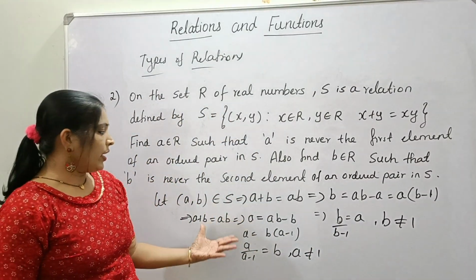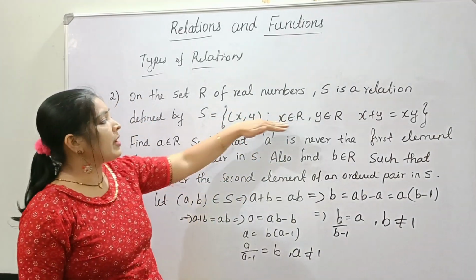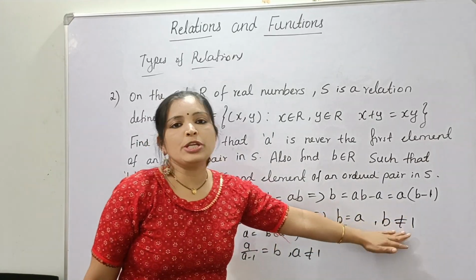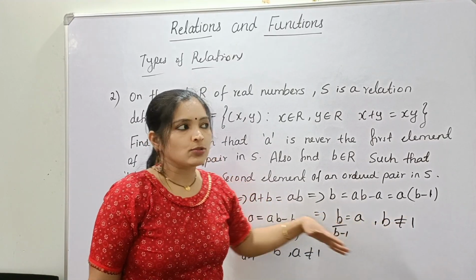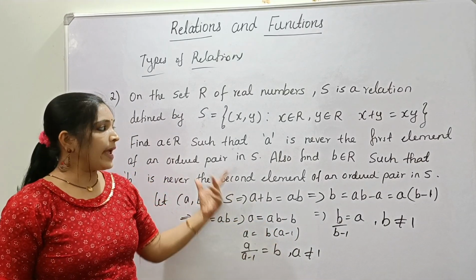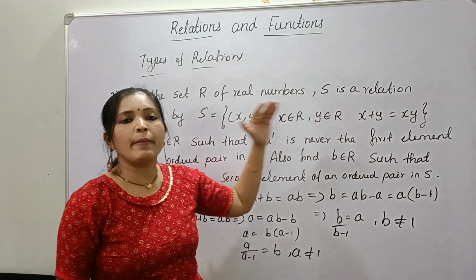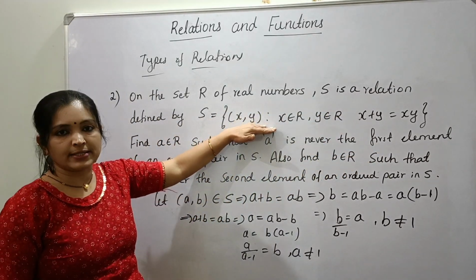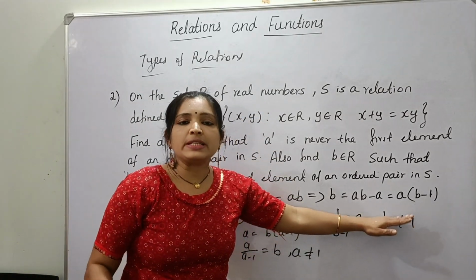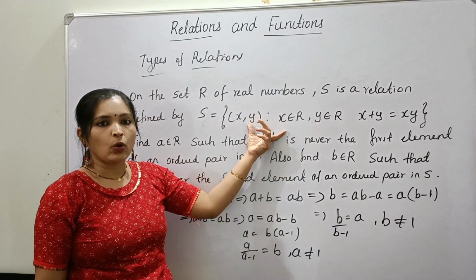Okay. So if it is an element from S, A should not be 1 and B should not be 1. Here itself we can say A is equal to 1 is the value which is never the first element of an ordered pair in S. And B is equal to 1 is never the second element of an ordered pair in S. Why?